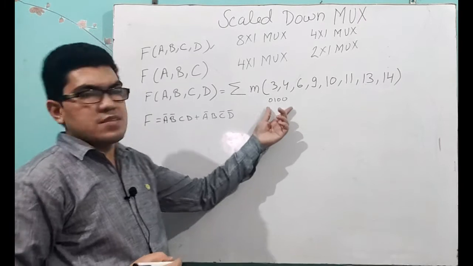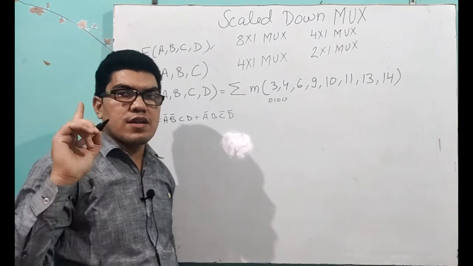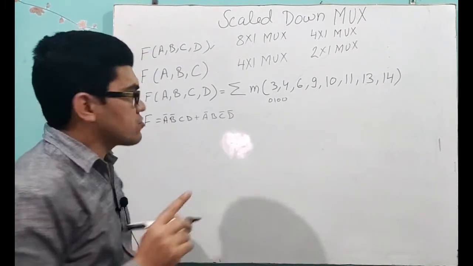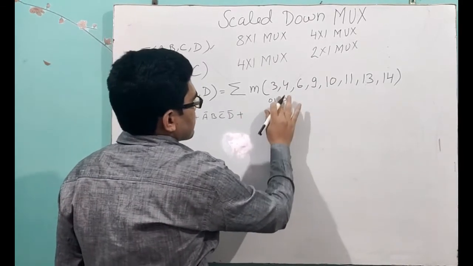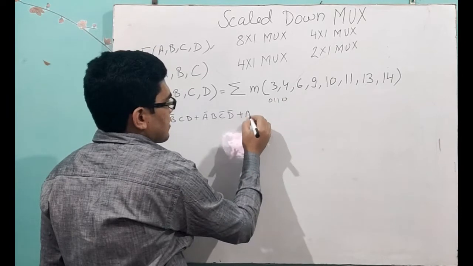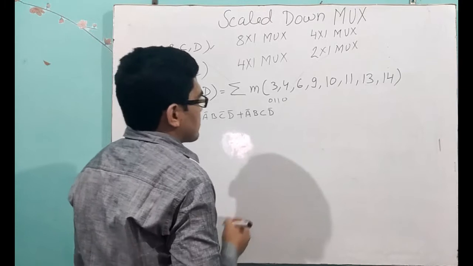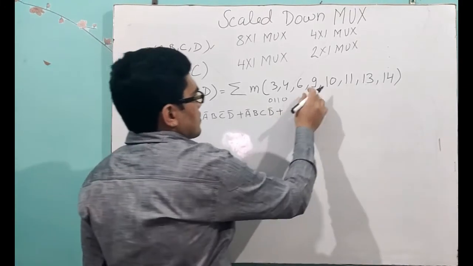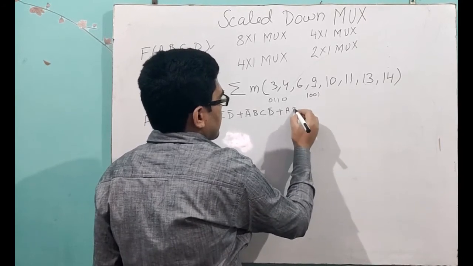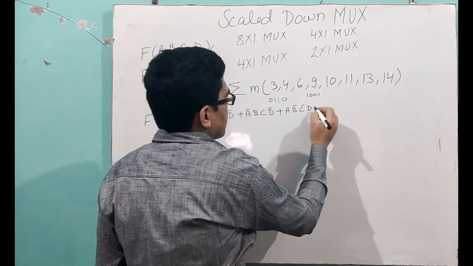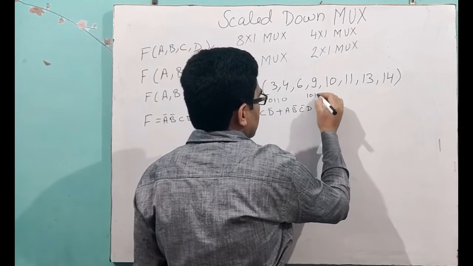We have already discussed these things. If you have any doubt, you can go through the link and check the videos. Plus next is 6, so we will write A bar, B, C, D bar, plus 9 will be 1 0 0 1. So we will write it A, B bar, C bar, D, plus 10 will be 1 0 1 0.